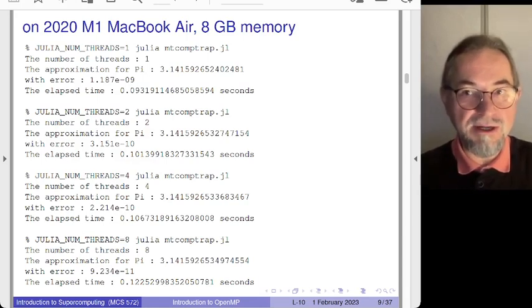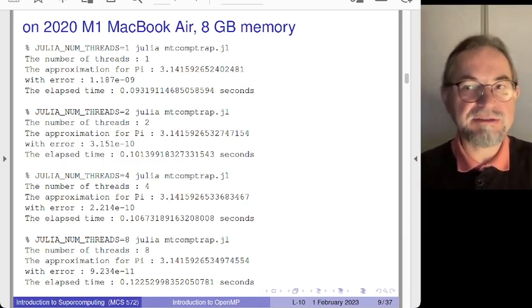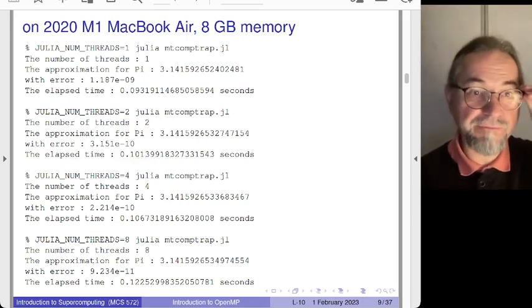So here I have a MacBook Air, which is not as powerful as that Windows laptop, but you can see that I can go from 1 to 2 threads and actually increase the accuracy. Every thread is still going to do 1 million function evaluations. So I'm actually totally doing 2 million function evaluations.